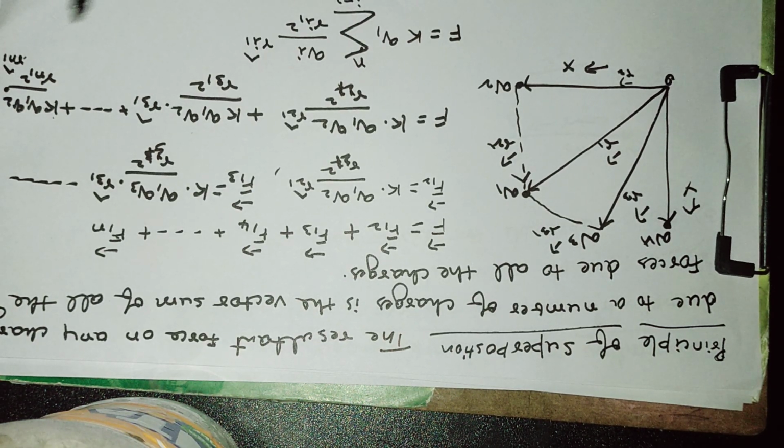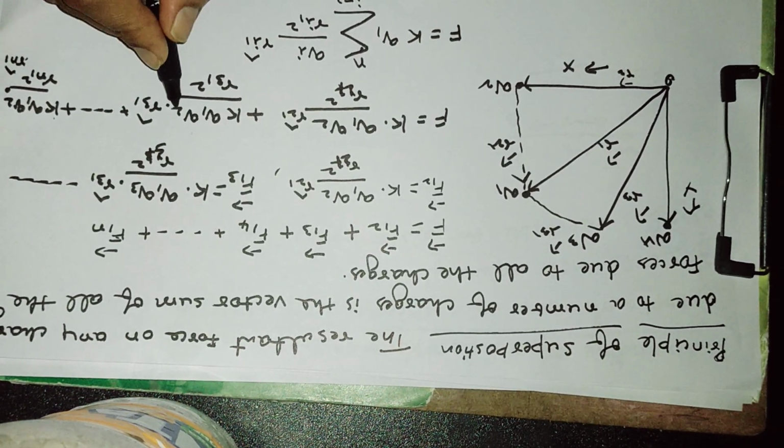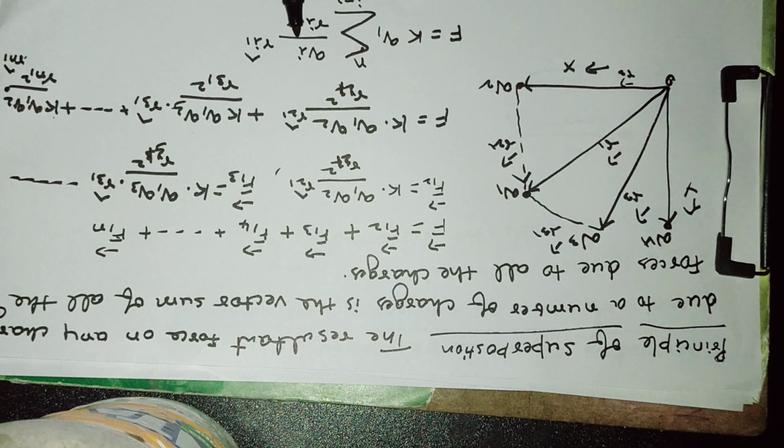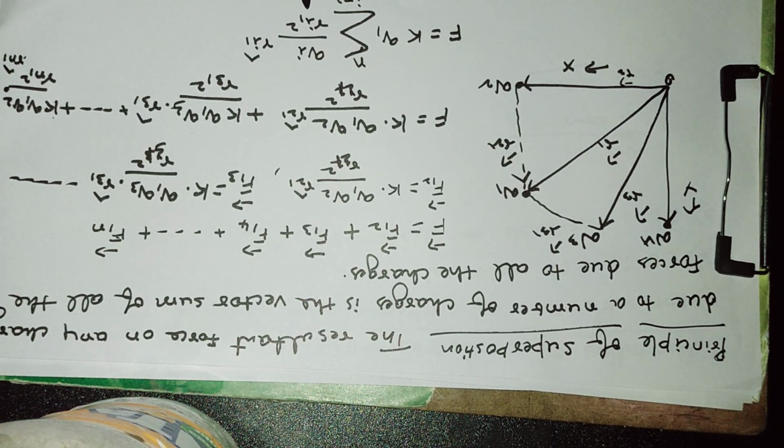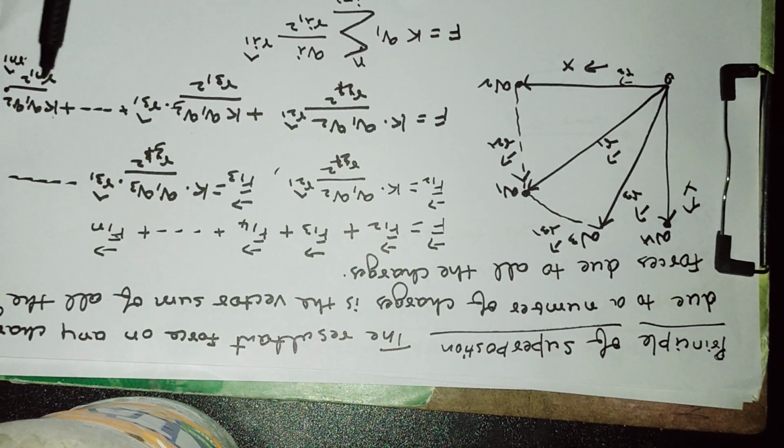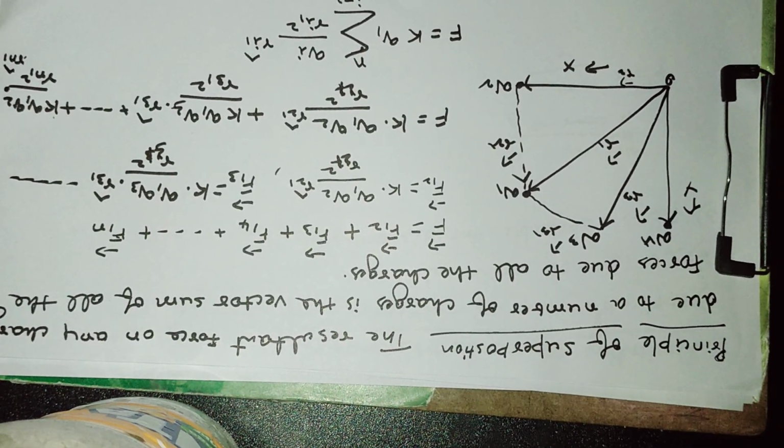q1 is also common in every term. i is the variable which runs from 2 to n, qi by ri1 square into ri1 cap. i is the variable in every term. So this is how you can write the principle of superposition.